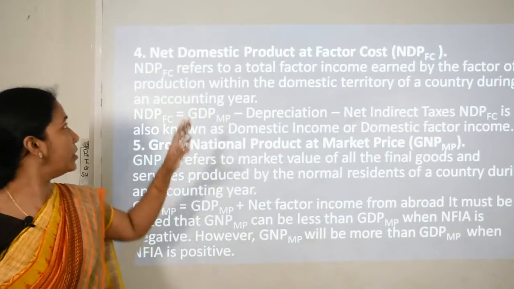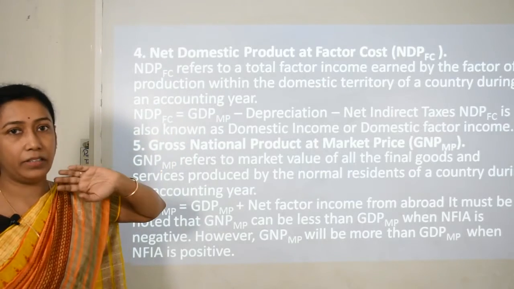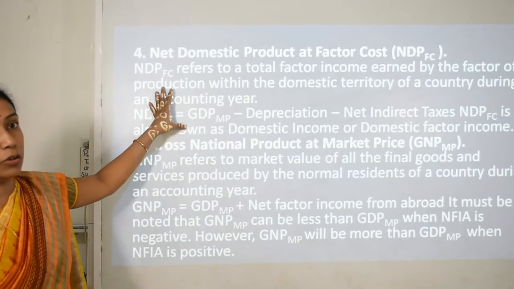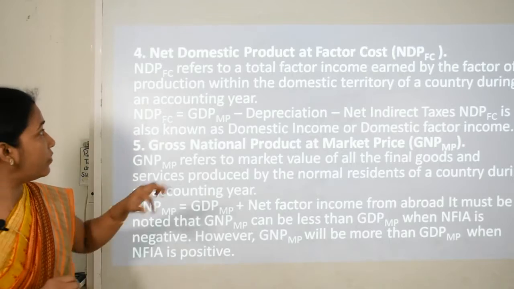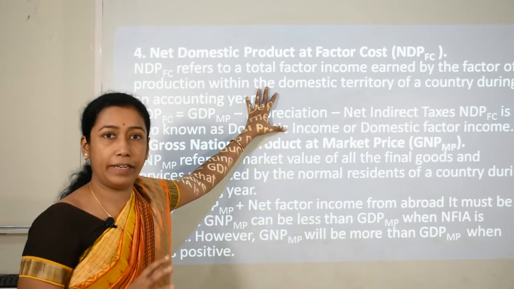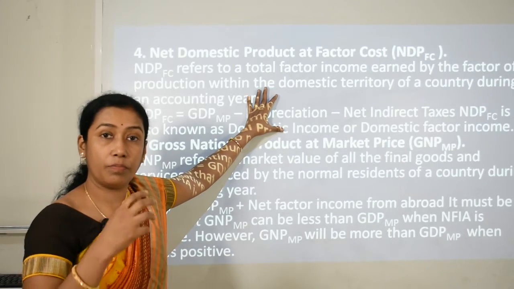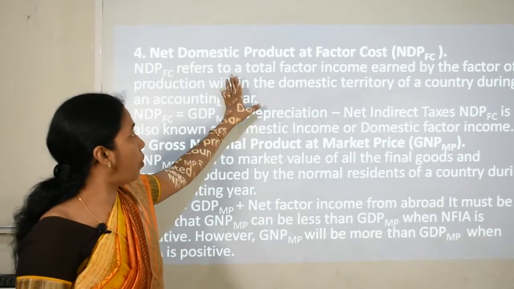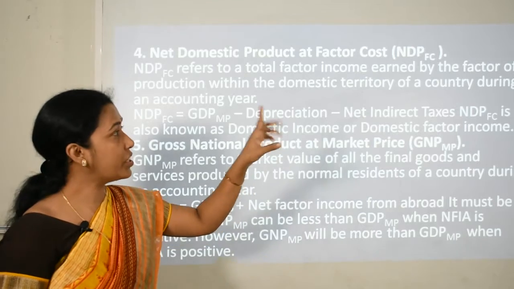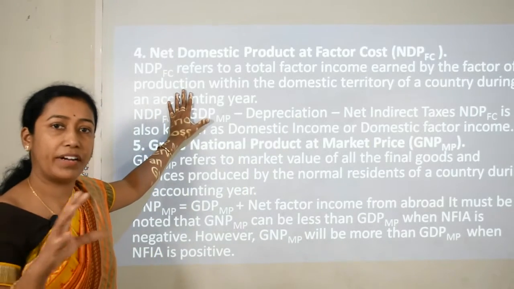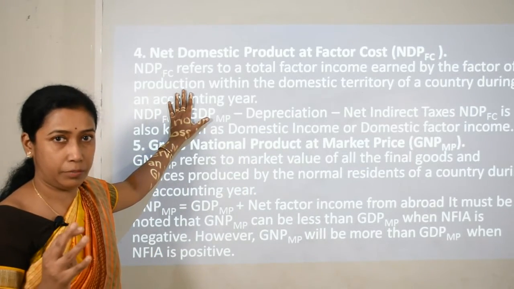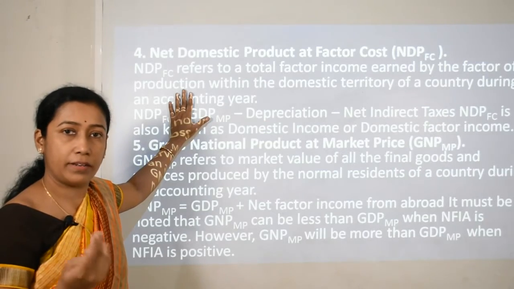Starting with the fourth topic, that is NDP at factor cost. When we say NDP at factor cost, it is net domestic product at factor cost, which refers to total factor income, that is all the income we get from the factors of production. So it is the total factor income earned by all factors of production, that is land, labor, capital and enterprise: rent, wages, salary, interest, profit.